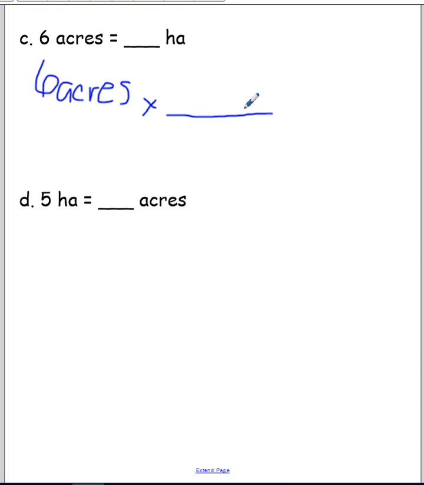We get that, since we're given acres, go US to metric. 1 acre is 0.405 hectares, or has. And when we do that, we get 2.43 hectares in our calculator.